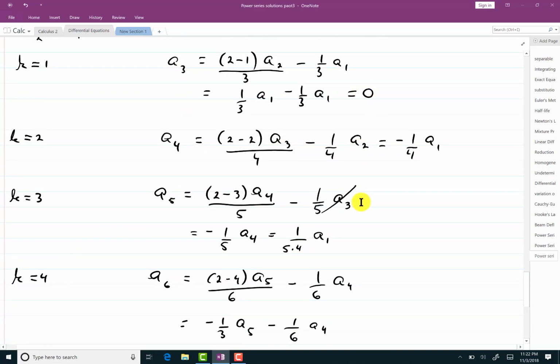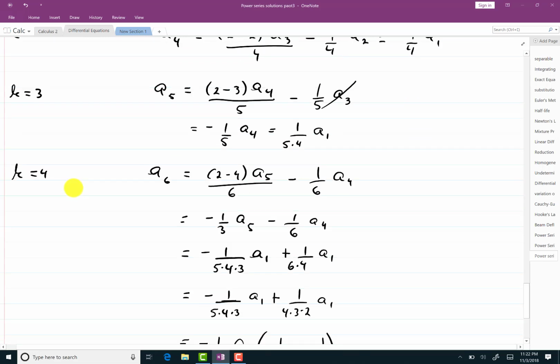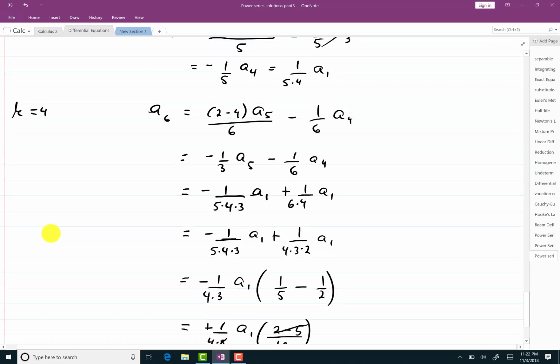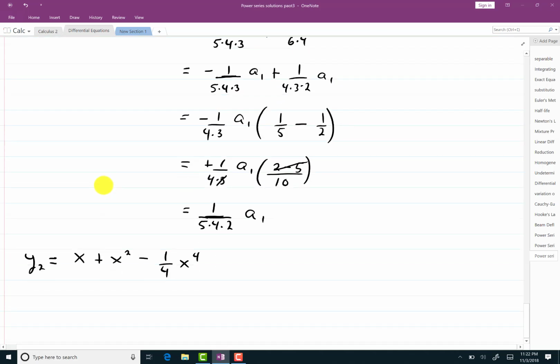I don't have an x cubed term, but I do have a negative 1/4 x to the 4. And then let's see about x to the 5. Here we are. I have 1 over 5 times 4 x to the 5th.